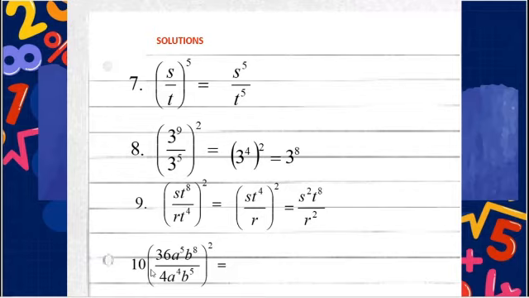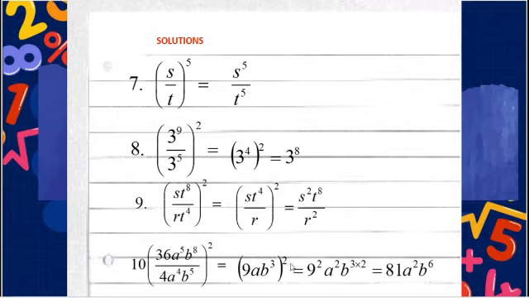So, dahil may numerical coefficient, i-divide lang din natin yan. So, 36 divided by 4 is 9. Okay, so a to the 5th divided by a to the 4th, 5 minus 4 is a. So, 1 na lang ang exponent niyan, so hindi na kailangan ilagay. Tapos, yung b to the 8 over b to the 5th, 8 minus 5 is 3.